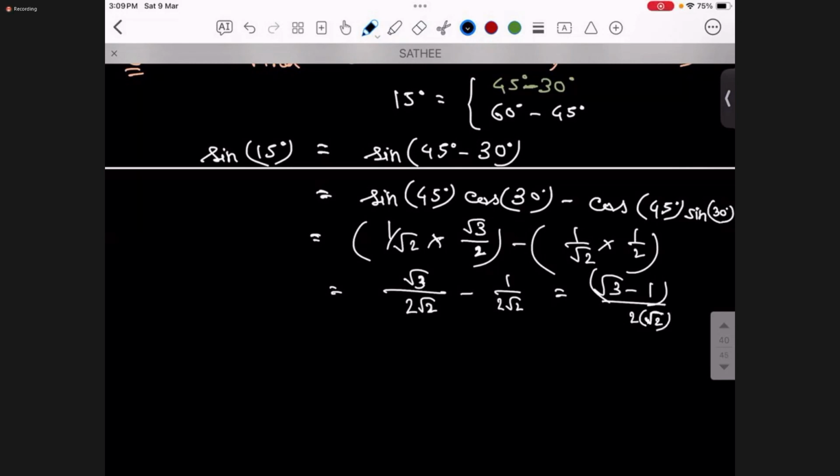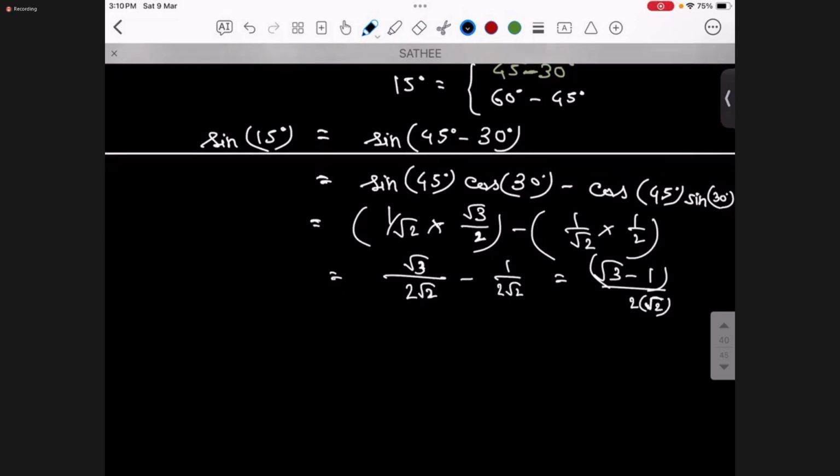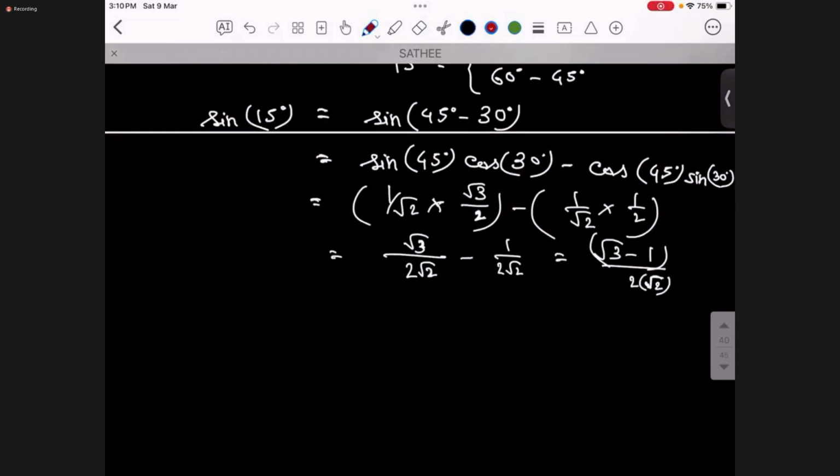Okay. So thus we can find the value of sine 15 degree. And similarly, if they ask for some more angles like this, let's do another one. Find the value of cos 135 degree.